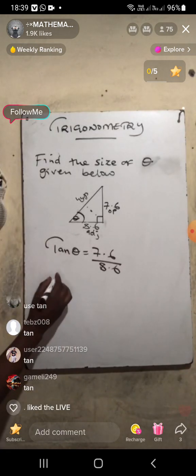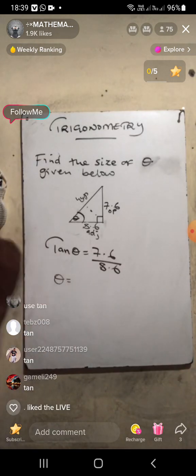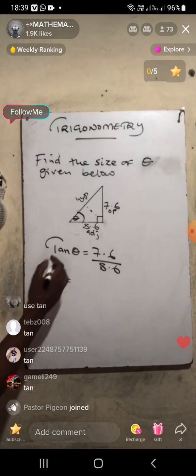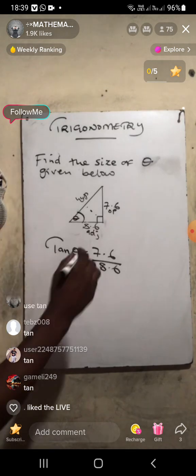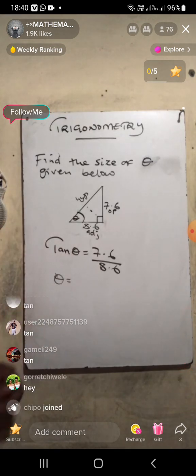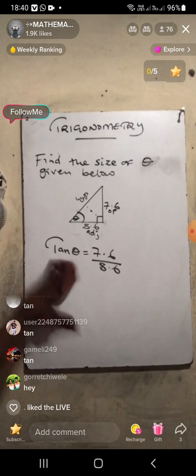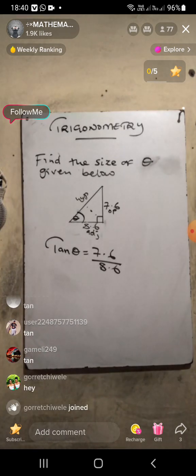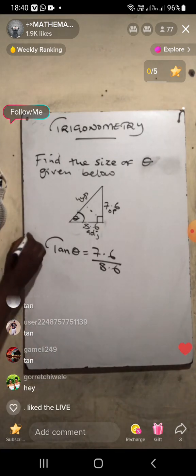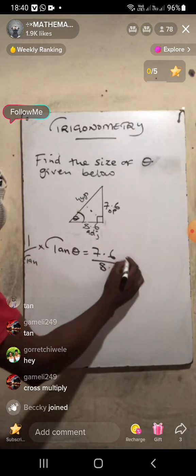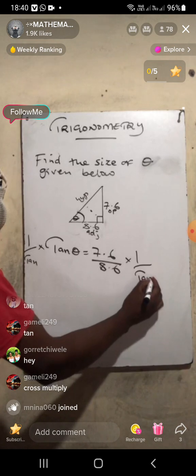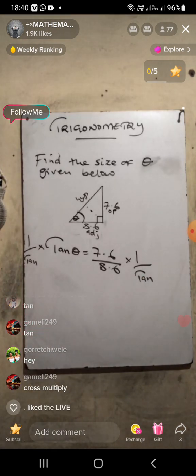So we're going to say theta is equal to, so now since we are saying theta, we are dividing by tan throughout. So if we are dividing by tan, what is happening is this. Let me try to go back a bit. So if we are dividing by tan, what is happening is we are saying 1 over tan should be multiplied on both sides. Okay?